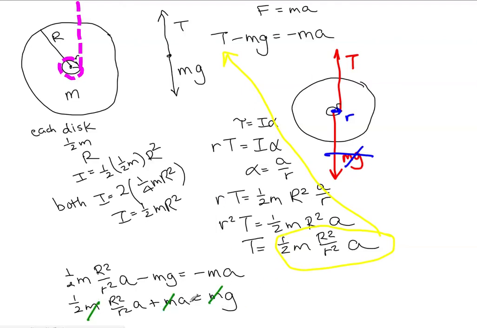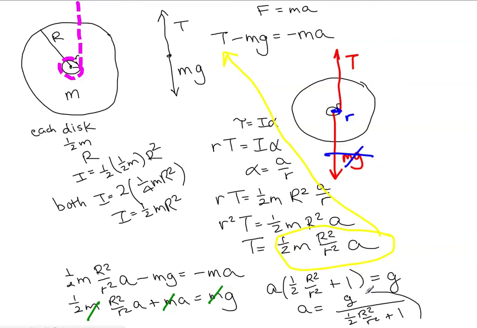And these now are like terms, so I'm going to have a times the parentheses 1/2 big R squared over little r squared plus 1 equals g. So a is going to be equal to g over this thing, 1/2 big R squared over little r squared plus 1.